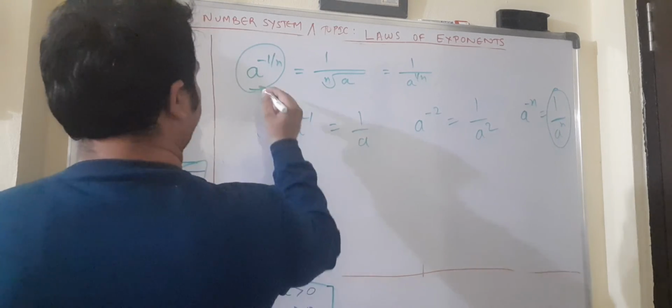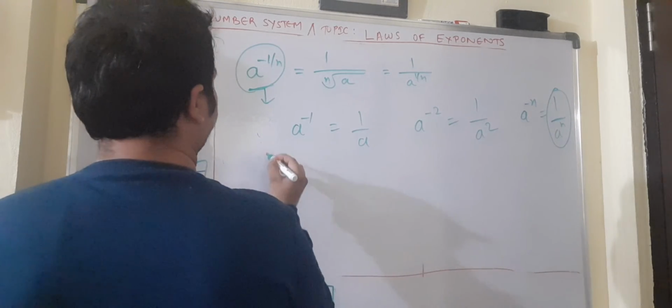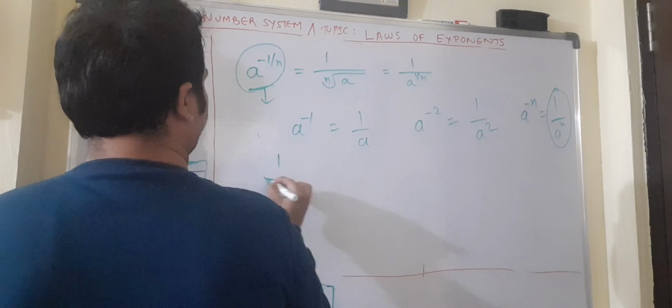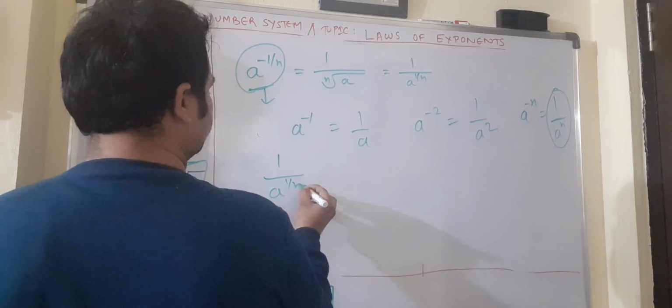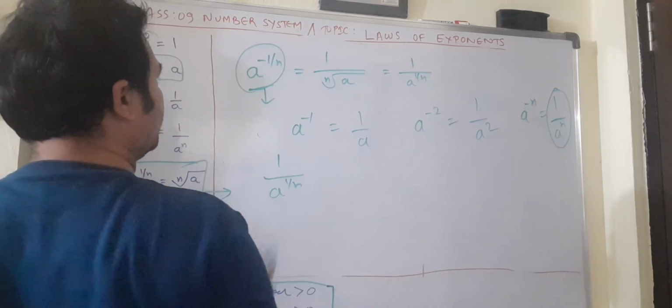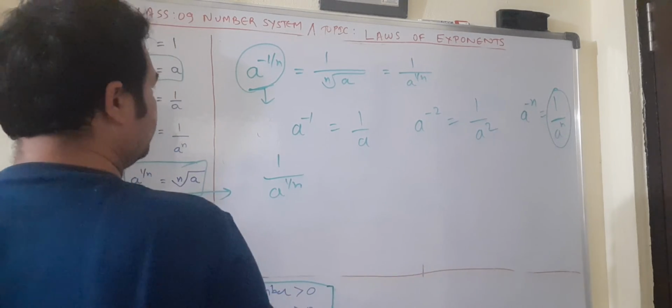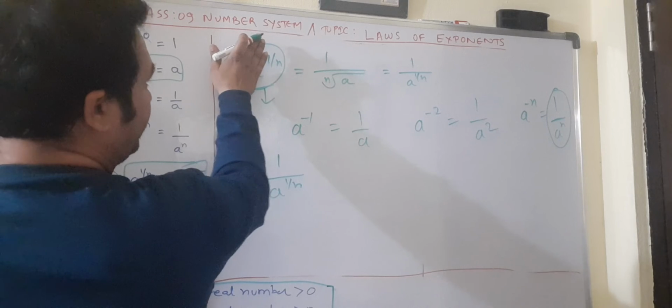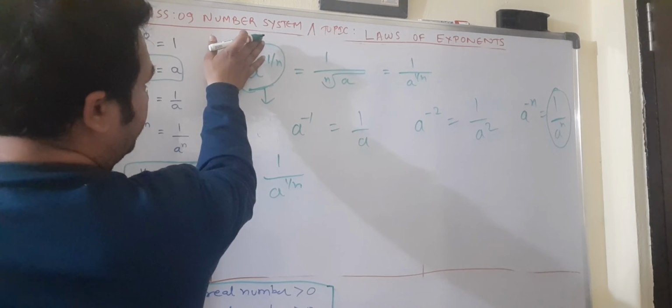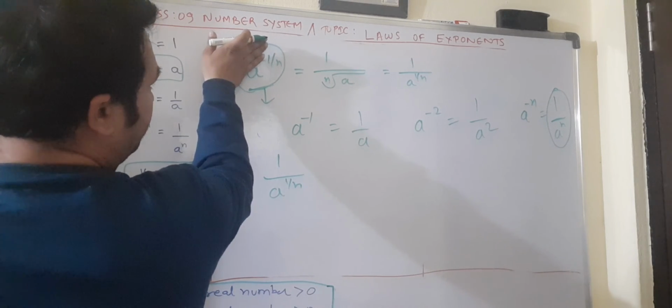So if we have a raised to the power minus 1 by n, it will become 1 by a raised to the power 1 by n. Only the minus sign will get lost from here and it will be treated as a to the power 1 by n.